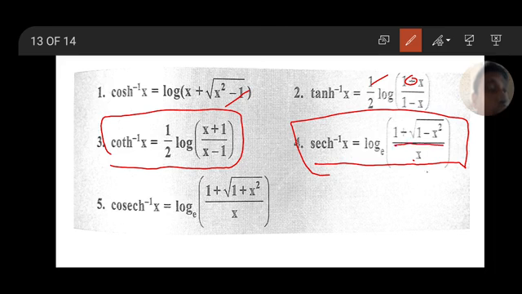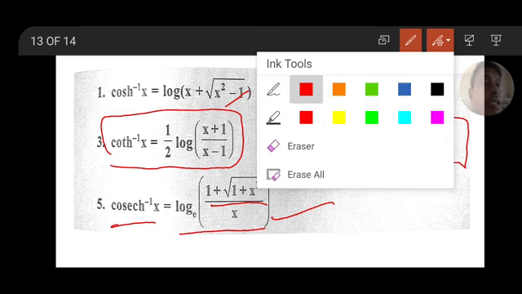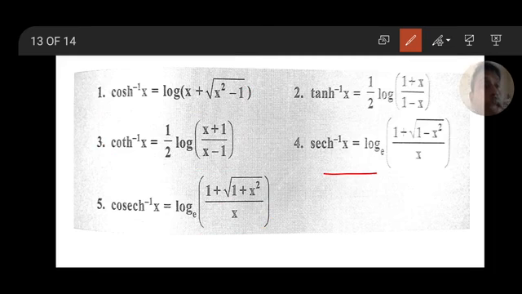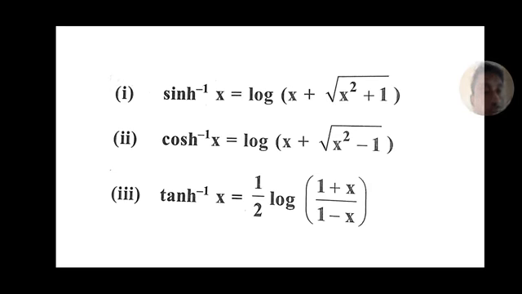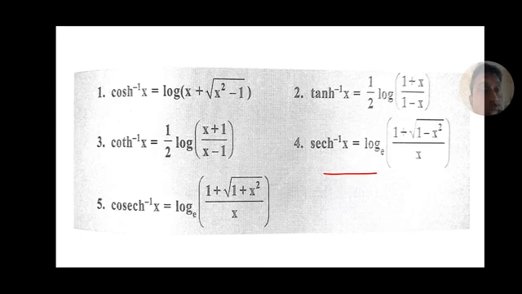And cosech inverse x equals log of 1 plus square root of 1 plus x square by x. These are the inverse hyperbolic functions: sinh inverse x, cosh inverse x, tanh inverse x, cosech inverse x, sech inverse x, coth inverse x.